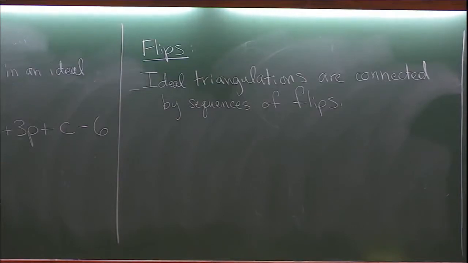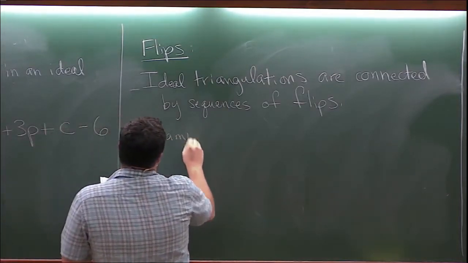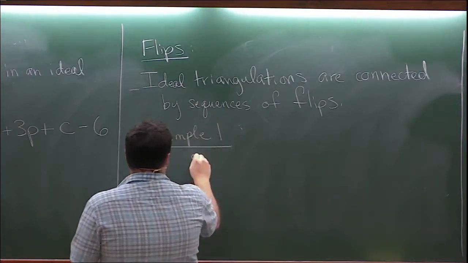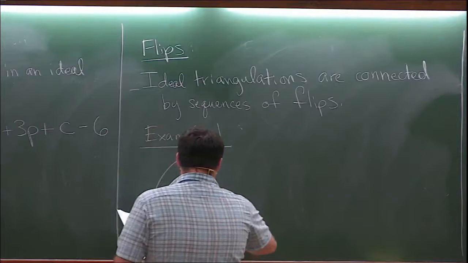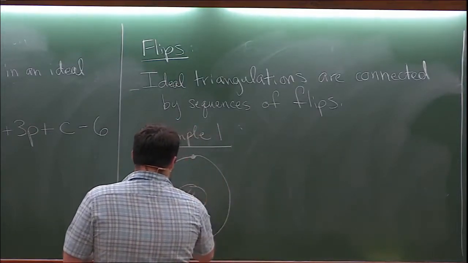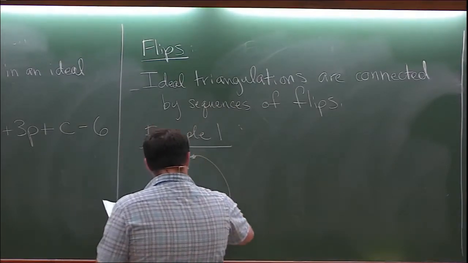Okay, so you've already seen examples in the polygon. This is what I started the lecture with. But in this case, if I want to flip this, so here's example 1.